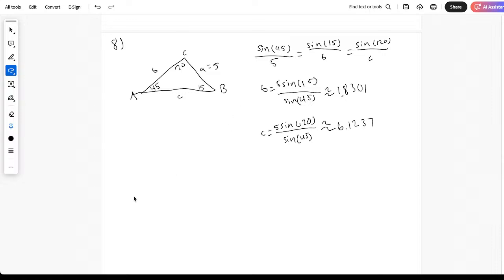Angle B is 15, side B is 1.8301, and side C is 6.1237. All green. Okay, we have 3 problems left, so I probably have enough time to do that.